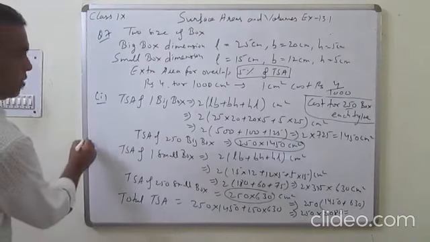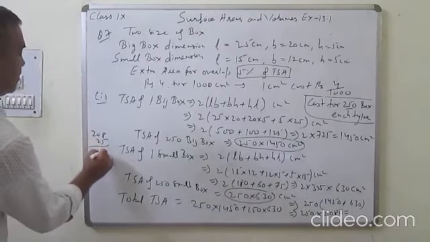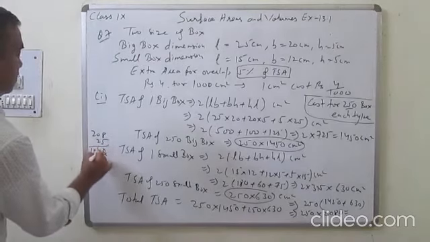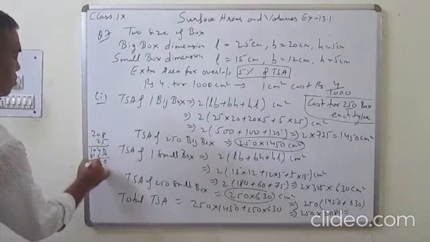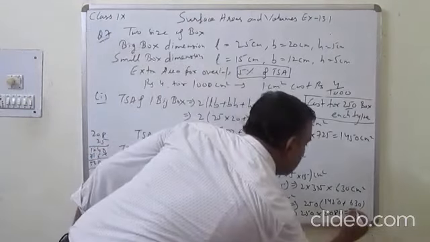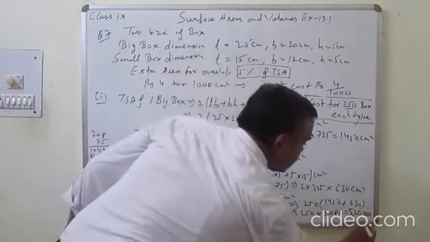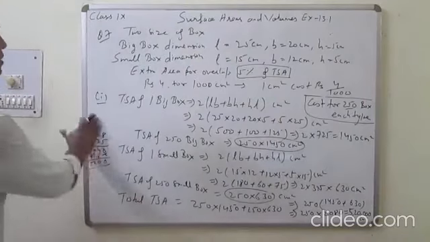See here, 208 multiplied by 25: 5 8s are 40, 5 2s are 10, 8 2s are 16, and 2 2s are 4. It comes out to be 5,20,000 centimeter square, which is the total surface area.